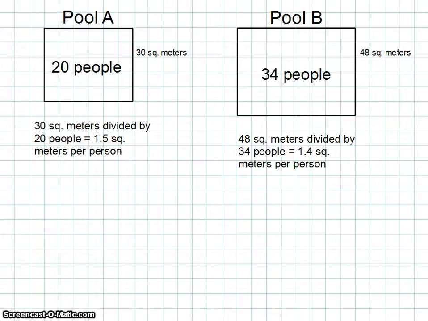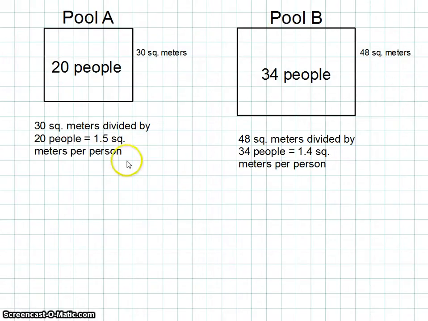In the other part, we were trying to compare the crowdedness of pool A and pool B by figuring out how much personal space each person would get if the total area of each of the two pools were divided equally amongst the people in that swimming pool.